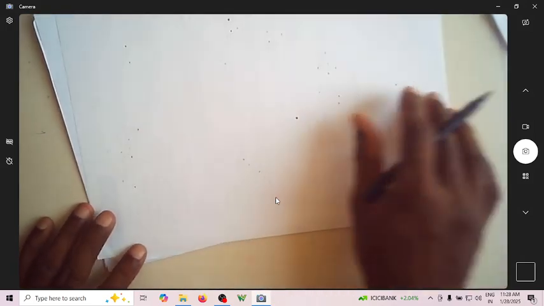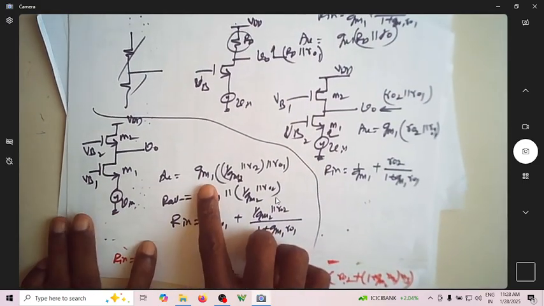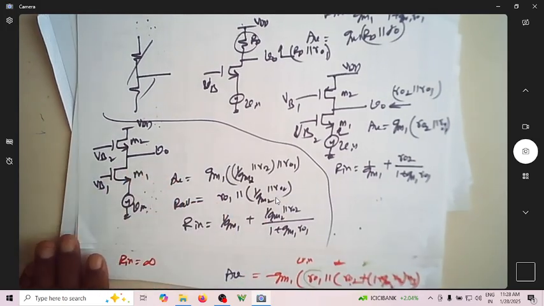These are different varieties of CG amplifiers. Given a problem of certain dimensions, if you know the dimensions, current and VGS, you can easily find out gm and r0. Once you know gm and r0, you can easily find the expression for gain, because in all the expressions you need to know just gm and r0 for a given MOSFET.